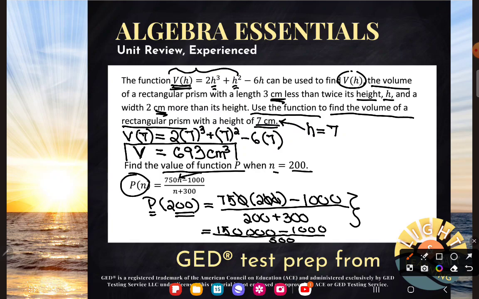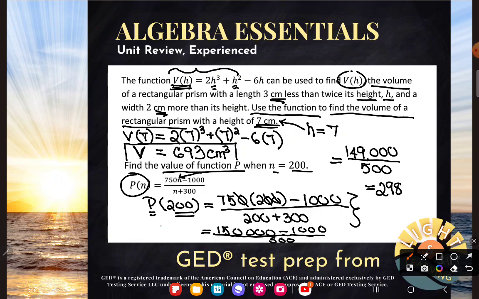And let's see, 150,000 minus 1,000 is going to be 149,000. I bet you're racing me and you already finished it in your calculator. Divided by 500. And here's where I don't want to do it by hand anymore. Fine. 149,000 divided by 500 is 298.